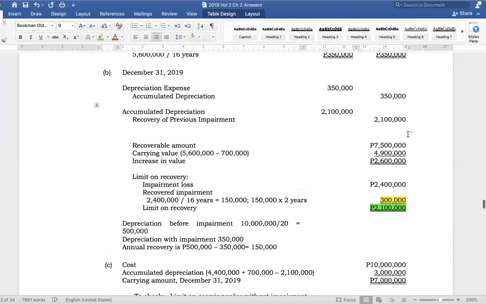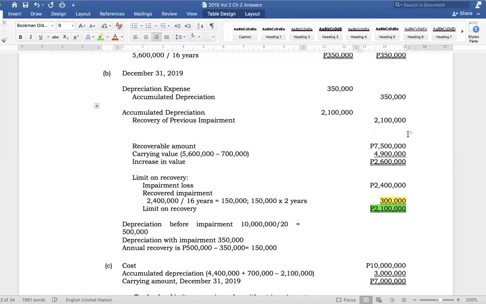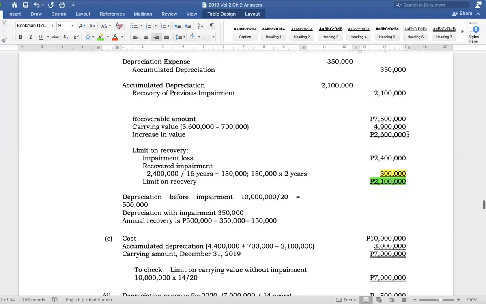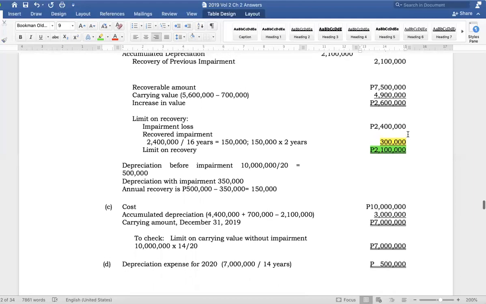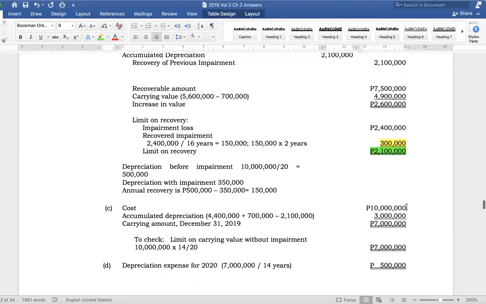Please take note that under IAS 36, recovery of previous impairment is a required disclosure. So it's presented as one of the note disclosures in the notes to financial statements. Therefore, after recording the recovery, what happens now to our asset values? Your cost is 10 million.